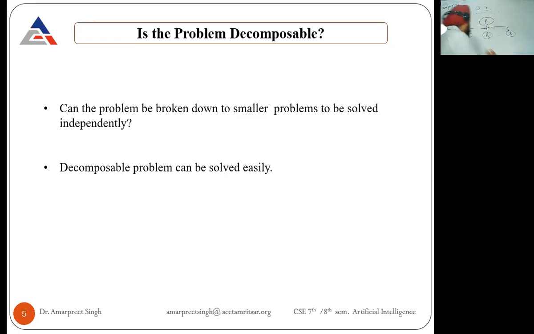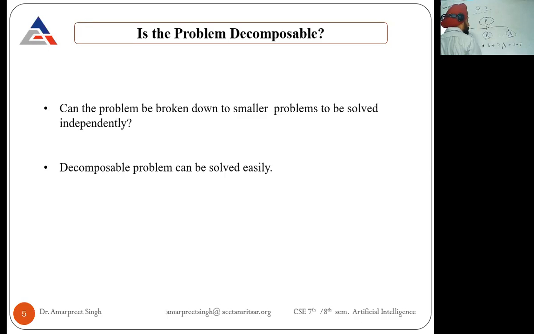Then the solutions of these modules can be combined together to get the solution of the main problem. Just see any equation: 2 into 3 plus 7 divided by 9 plus 3 into 5.